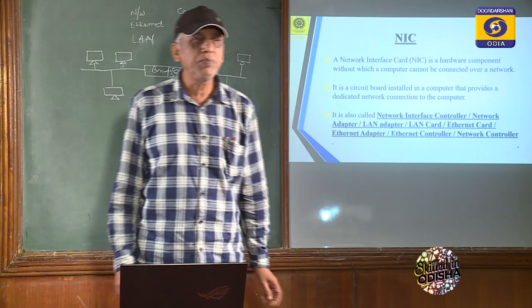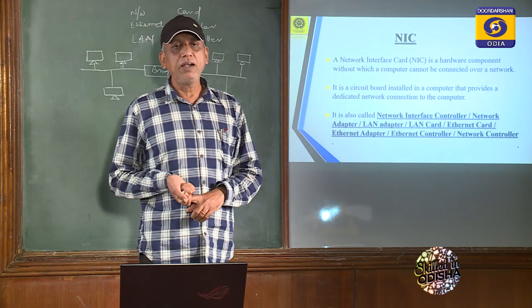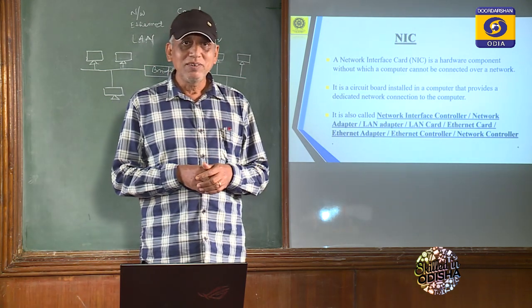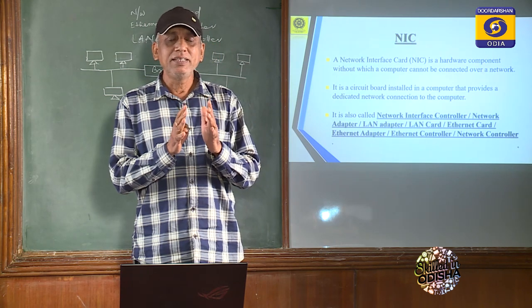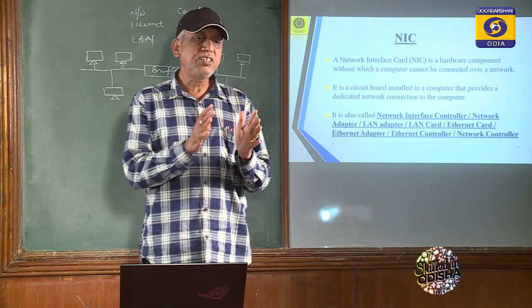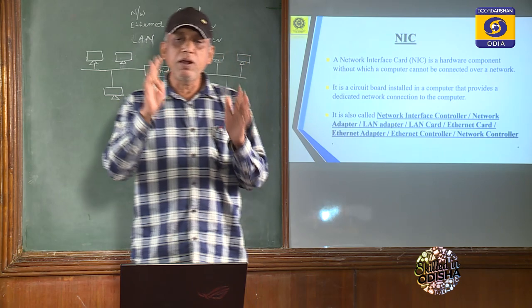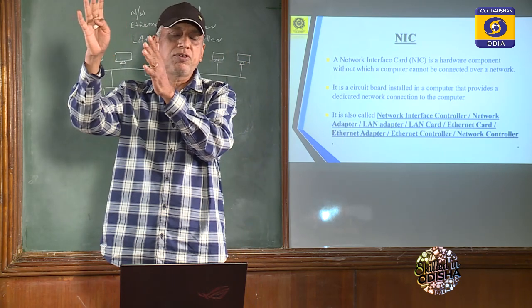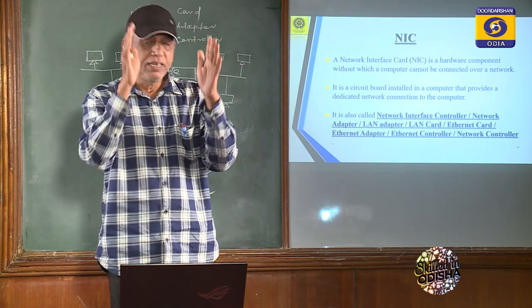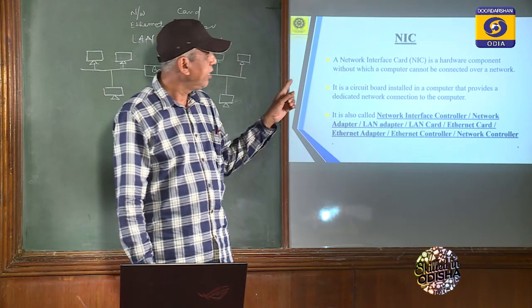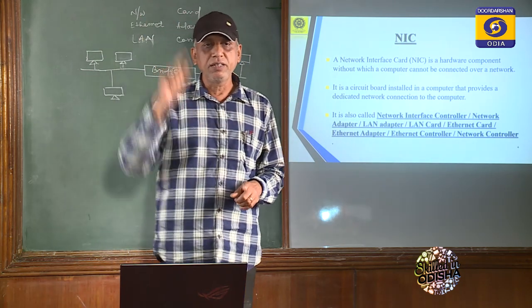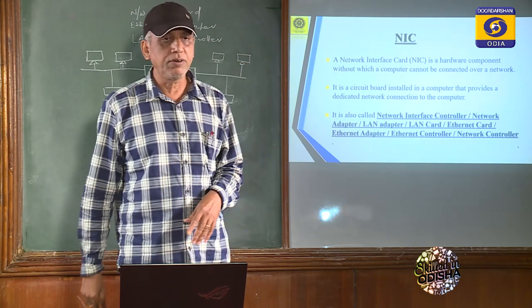First the NIC should be installed within our computer, and then the computer is capable of connecting to the outer side. Without installing this NIC, it is impossible to connect with the internet or any other network.